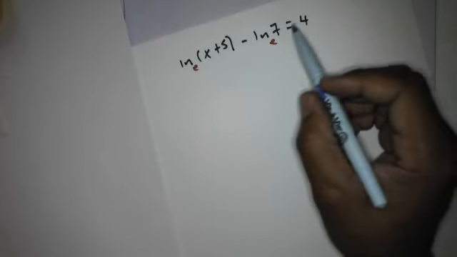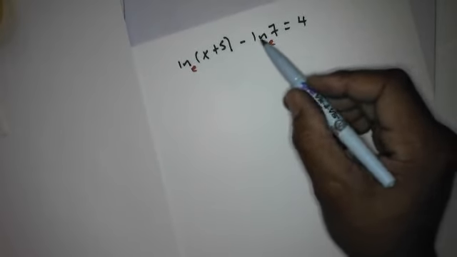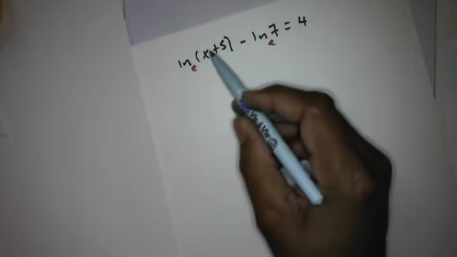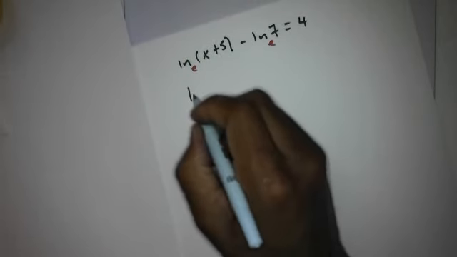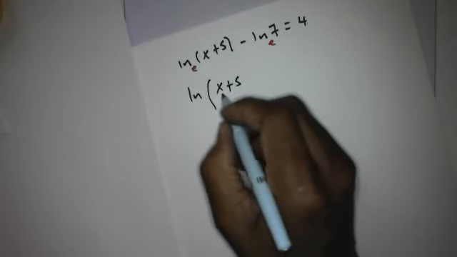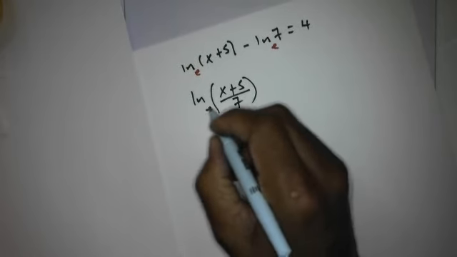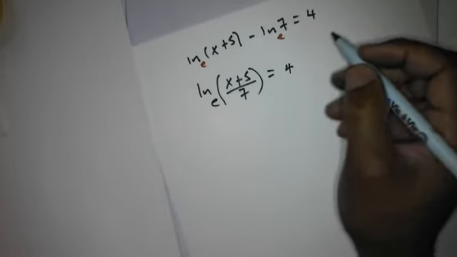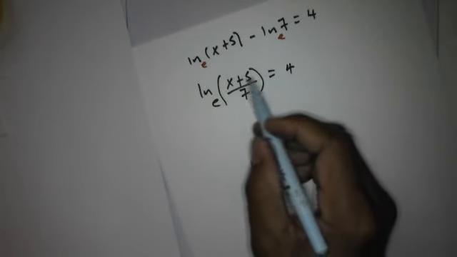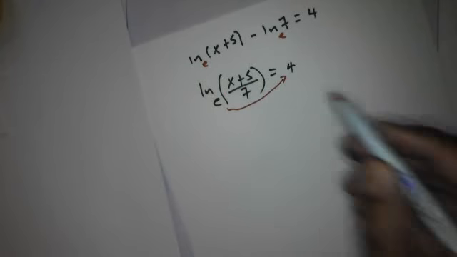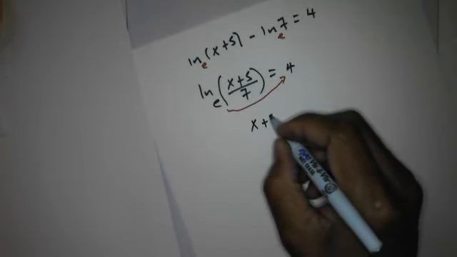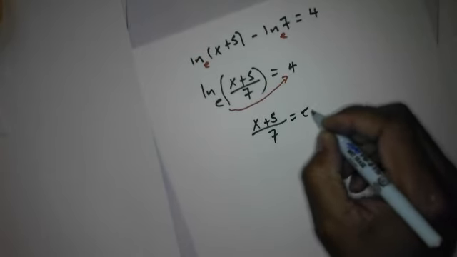So you're going to use the argument of the negative ln or the negative log to divide the argument of the positive ln or the positive log. Okay, this would be ln of x plus 5 divided by 7 base e equals 4. Okay, and again you're applying your exponent law, so it would be this argument equals e raised to that exponent there. Okay, so this would just be x plus 5 over 7 equals e to the 4.